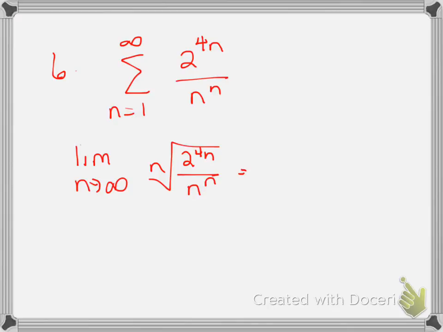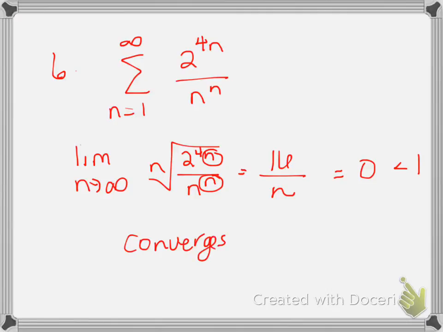The nth root on the top, that'll get rid of the n, so I get a 16 because 2 to the 4th is 16. The nth root of n to the n will just give you an n on the bottom. That equals 0, which is less than 1 because of the limit. And so it converges by the root test.